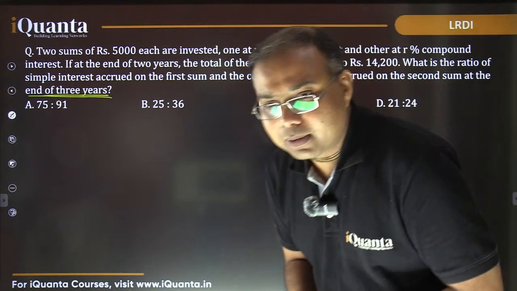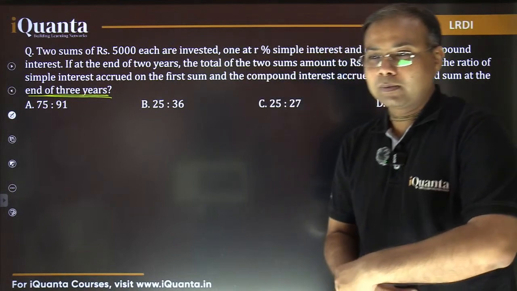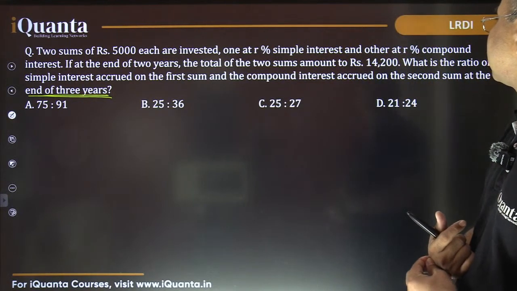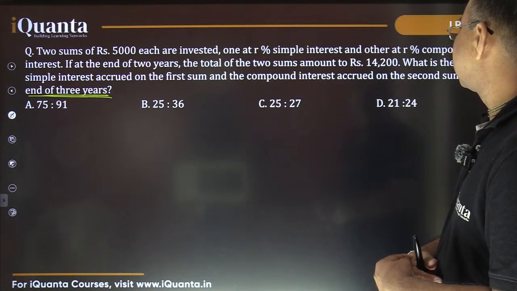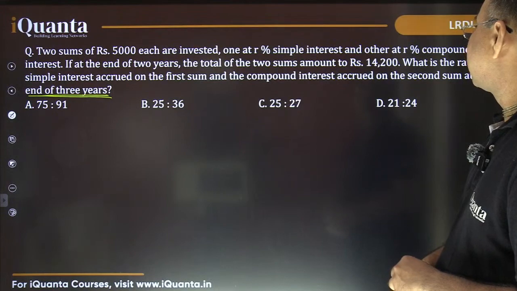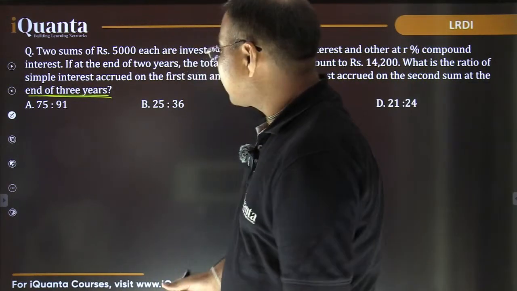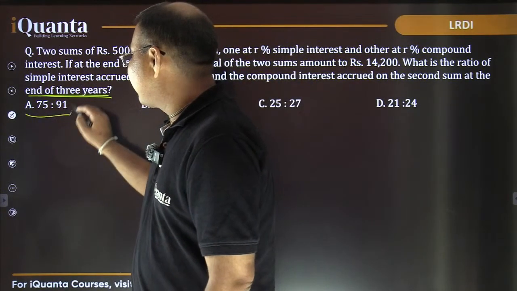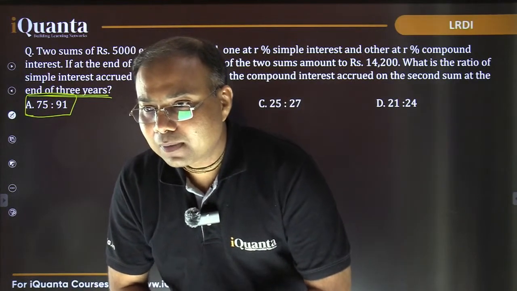Okay, right answer we have already got. 75 to 91 is the right answer, and Navonil has mentioned exactly the values also. But how to solve it?